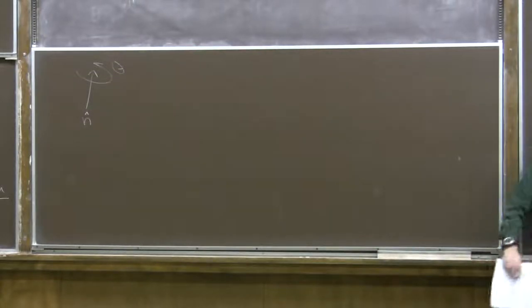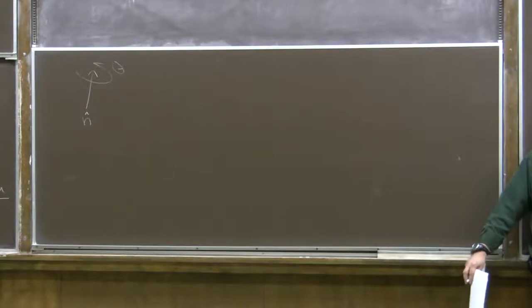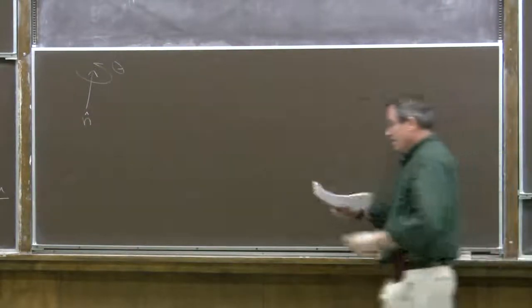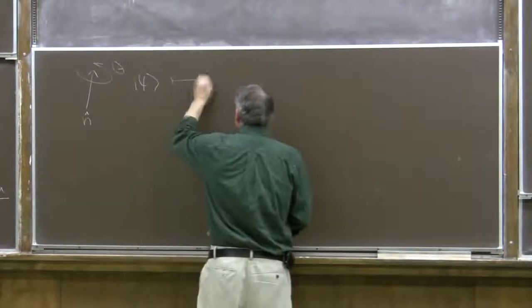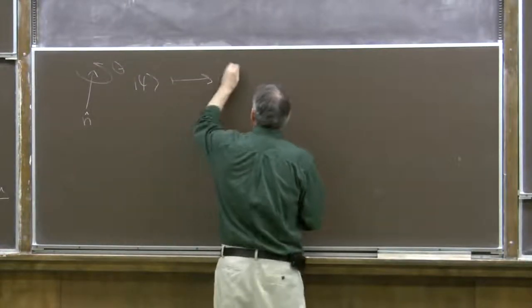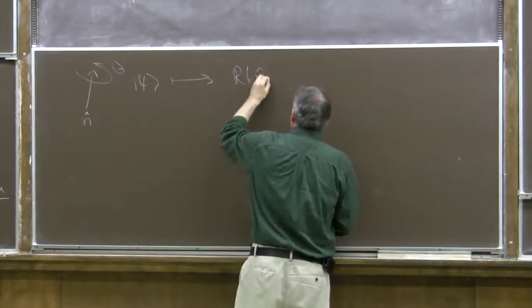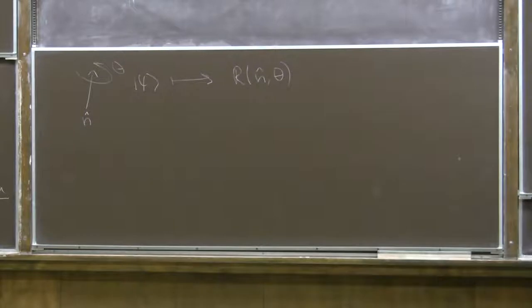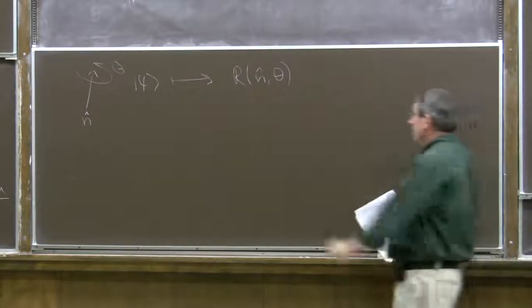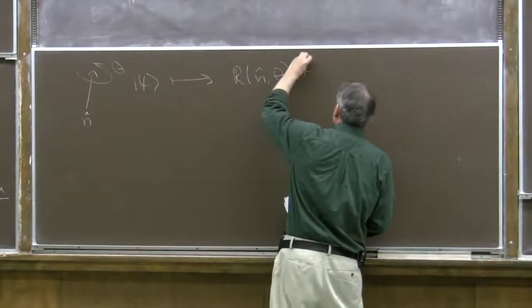And then there will be some unitary transformation that represents that rotation, which describes the effect on the quantum states of the rotation. So that state vector under the rotation will be replaced by a new state vector given by a unitary transformation that depends on the axis of rotation and the angle of rotation times the initial state.